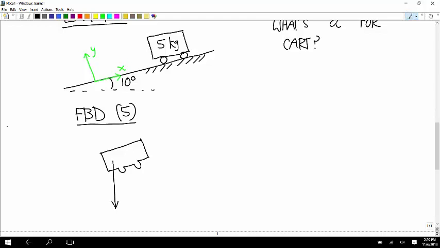There's a downward force of gravity. That's 5 times 9.81, so 49.05. And then go around the boundary looking for contact. The only place where there's contact is at the wheels. So that's a pushing force. I'll call that N.